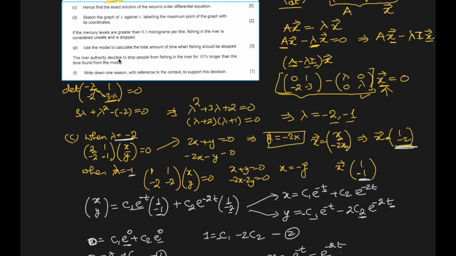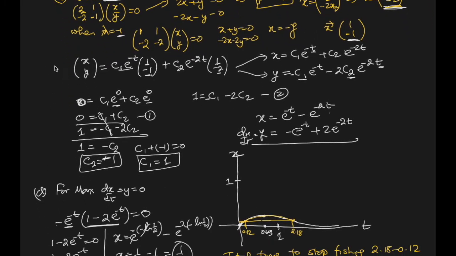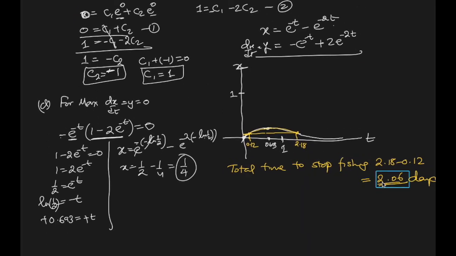The river authority decides to stop people from fishing in the river for 10% longer than the time found from the model. So we found about 2 hours, and they stop people from fishing for 2.2 hours, about 10% more than this.